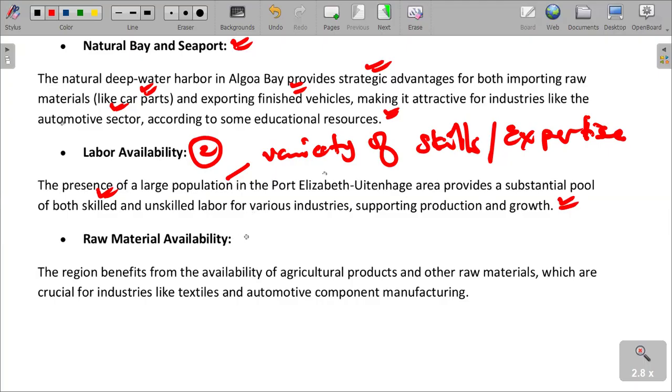We have raw materials as the number three point. The region benefits from the availability of agricultural products and other materials which are crucial for industries like textiles, the automotive industry and component manufacturing.